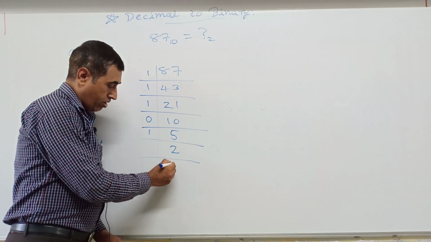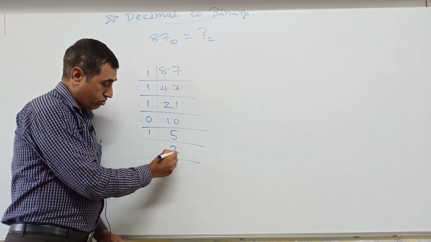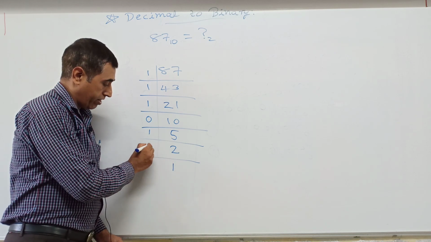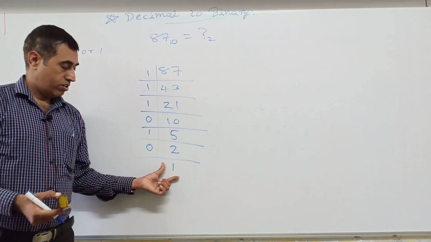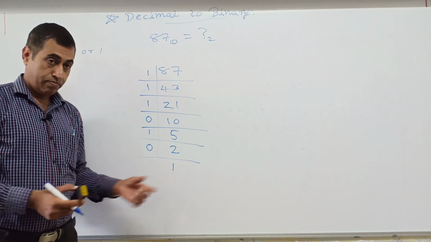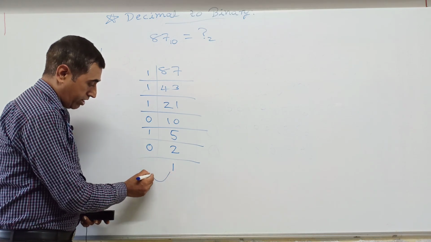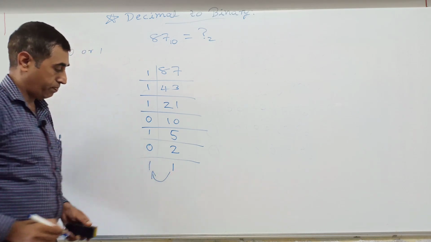Again, 1 2s are 2, and the remainder is 0. At last, it will give you 1. So that 1 digit you have to write here.